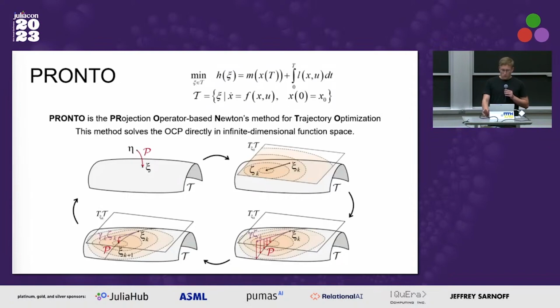PRONTO is the projection operator-based Newton's method for trajectory optimization. It is an algorithm created by Professor John Hauser in the early 2000s, and it solves this optimal controls problem directly in the infinite dimensional function space. As such, it does not rely on any sort of discretization of the dynamics and is particularly well suited for solving large problems that need a particularly accurate solution in the face of fairly complex dynamics.